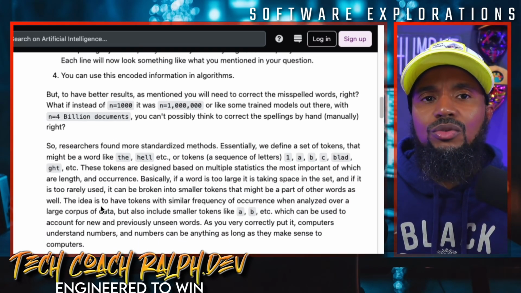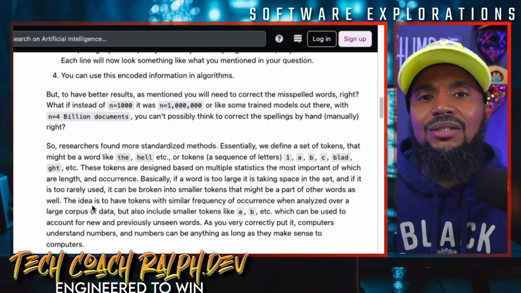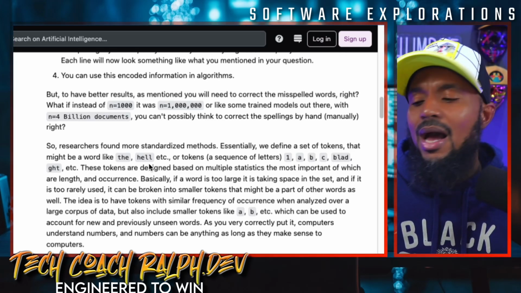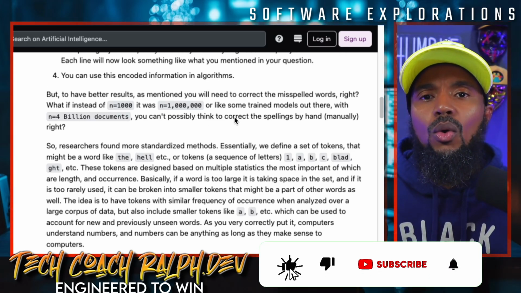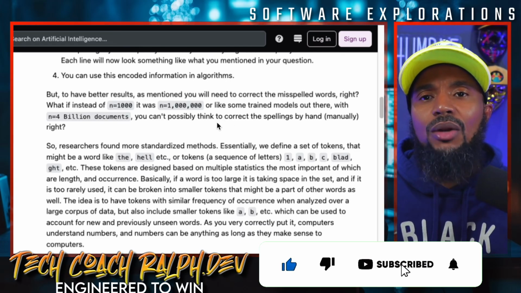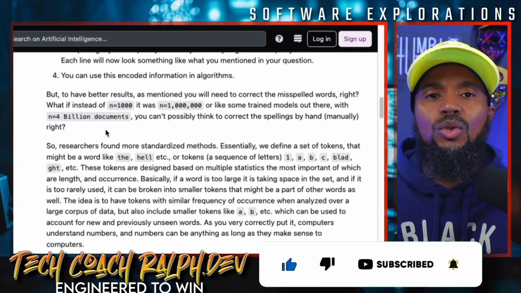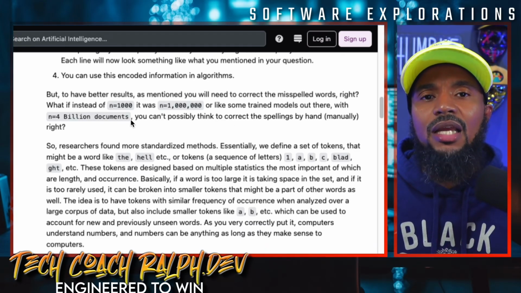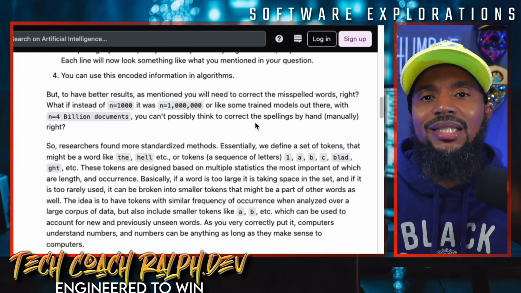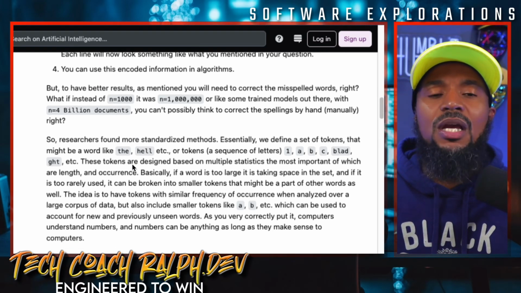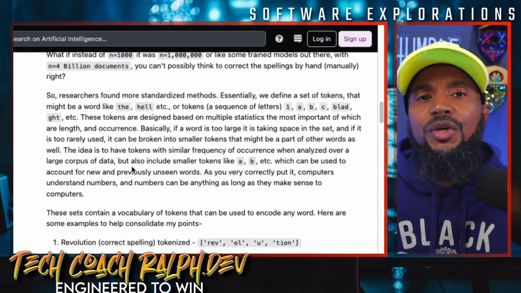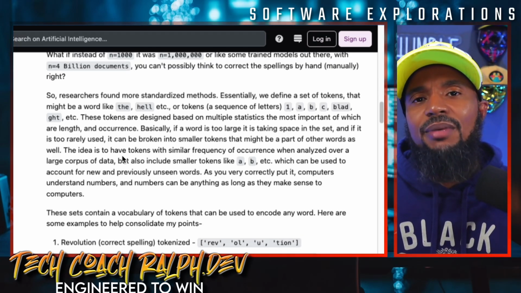What if instead of n equals 1,000, it was n equals 1 million, or like some trained models out there with n equals billions of documents? You can't possibly think to correct the spelling by hand, right? So researchers have found more standardized methods.